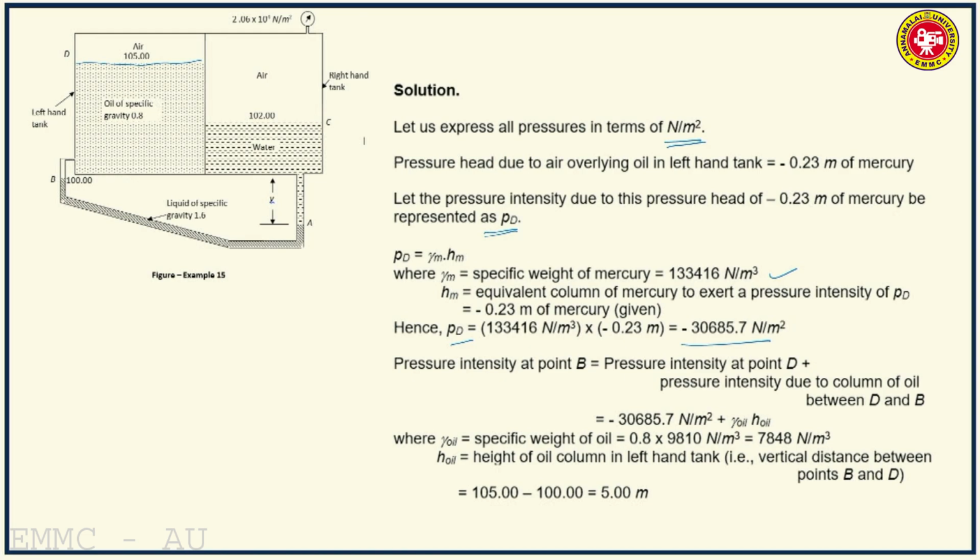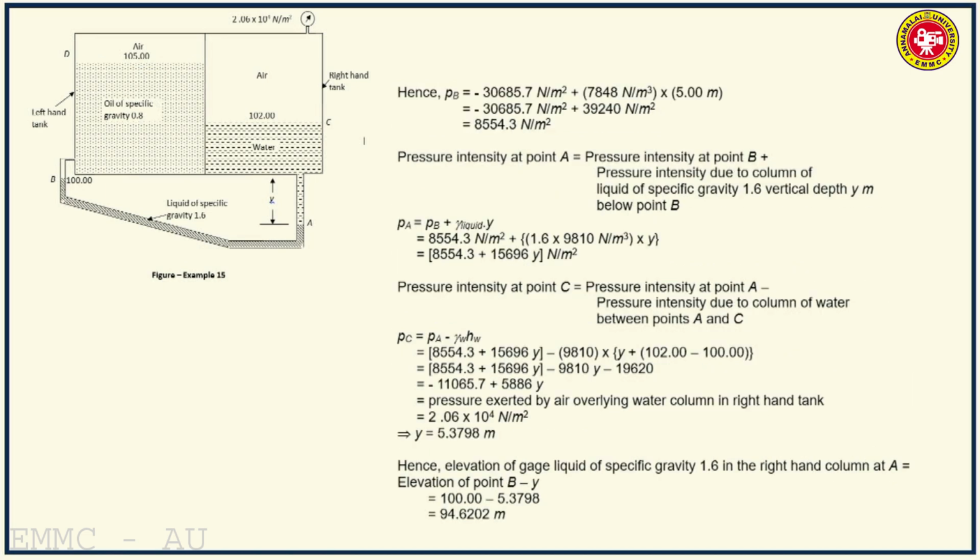So the column of oil between D and B will be 105 minus 100, that is 5 meters. So therefore PB you can find out as 8554.3 Newton per meter square. So that becomes positive now.